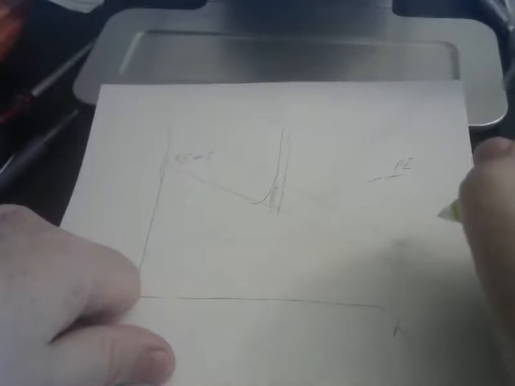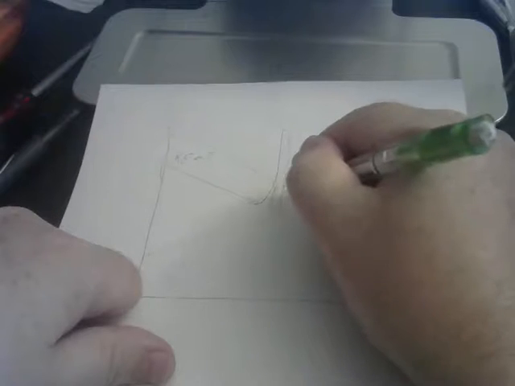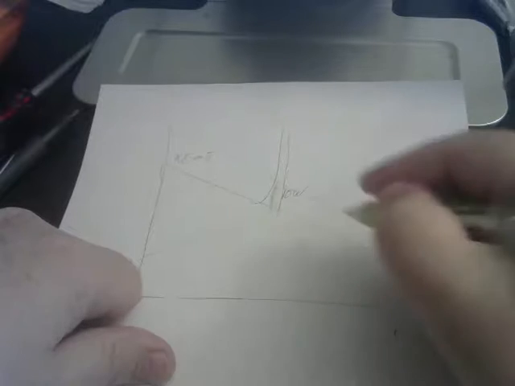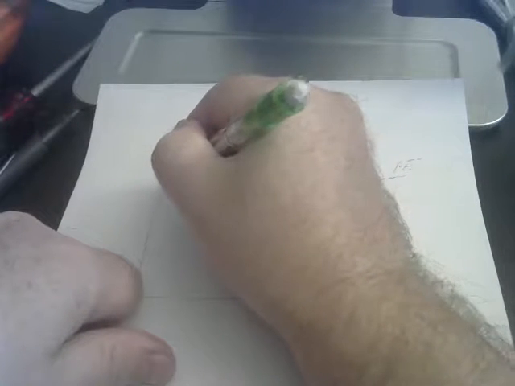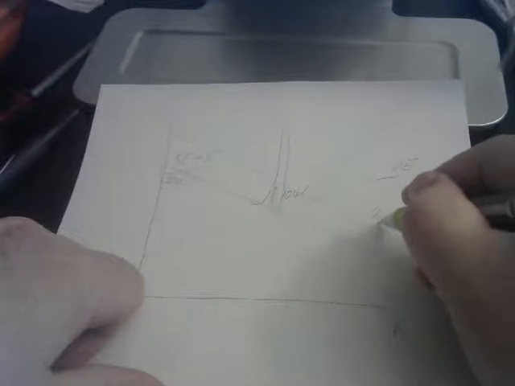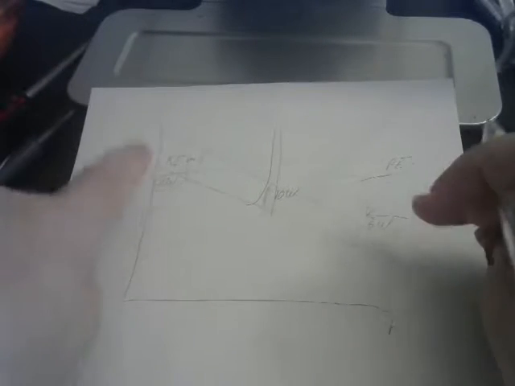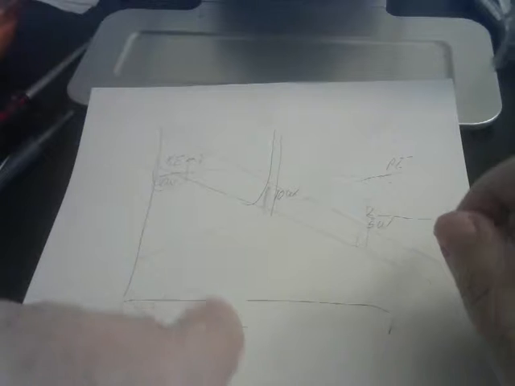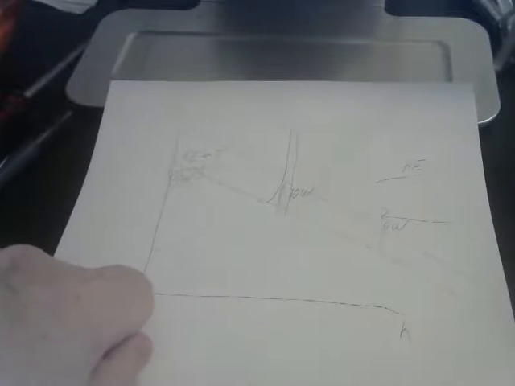That pulse could be 10 watts on that part of the atmosphere, could be 20 watts down here at the base, could be 5 watts here, whatever. However it is, the energy that ends up in there ends up getting distributed throughout the atmosphere.